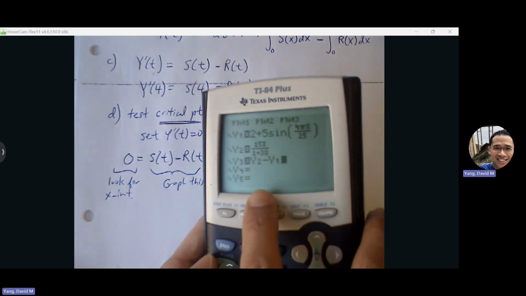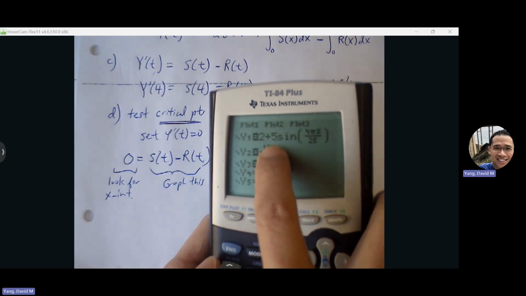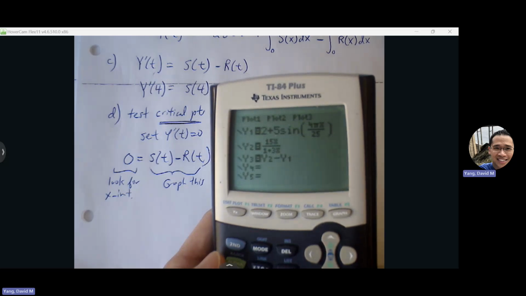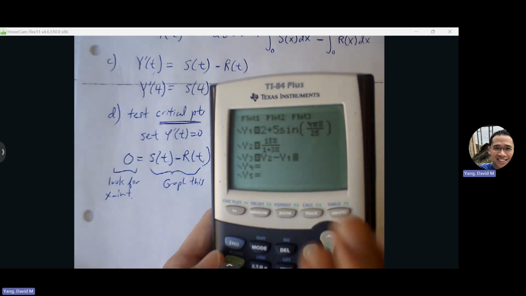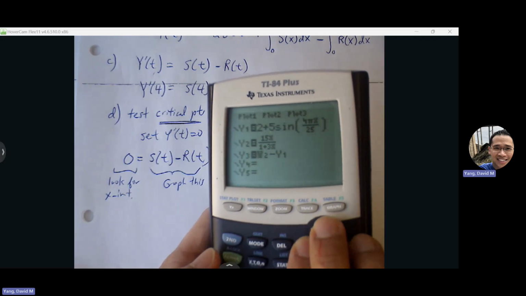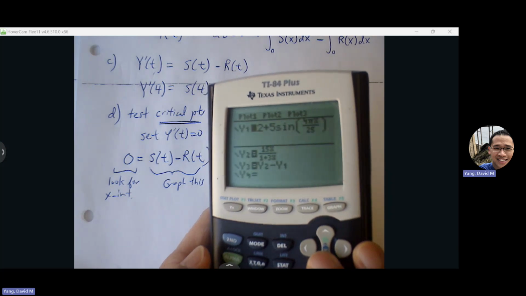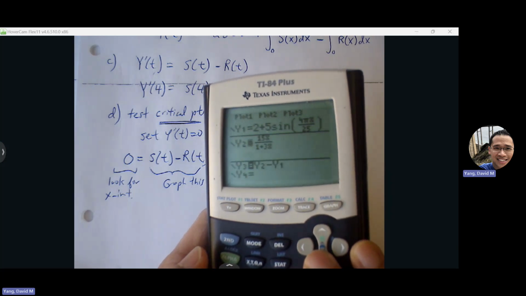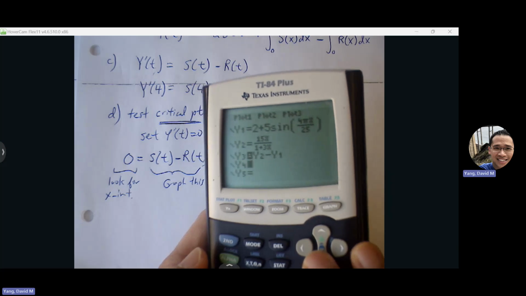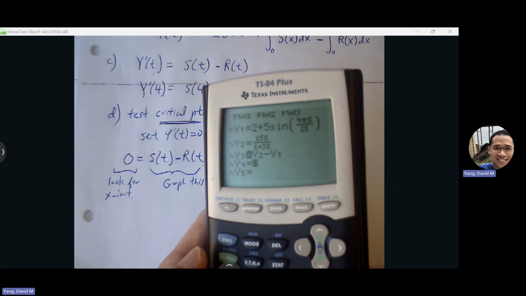And I only want to see this graph. I prefer not to see y1 and y2, even though I want them stored in the function so I can call them. So I'm going to go to the equal sign under y1 and y2 and hit enter so that it will unhighlight. If I unhighlight it, I'm still able to access the function, but it's not going to show up in my graph.